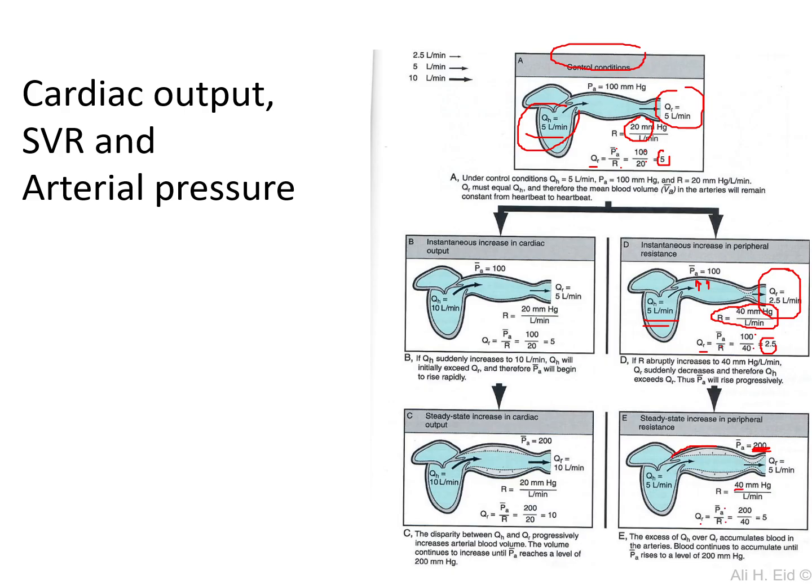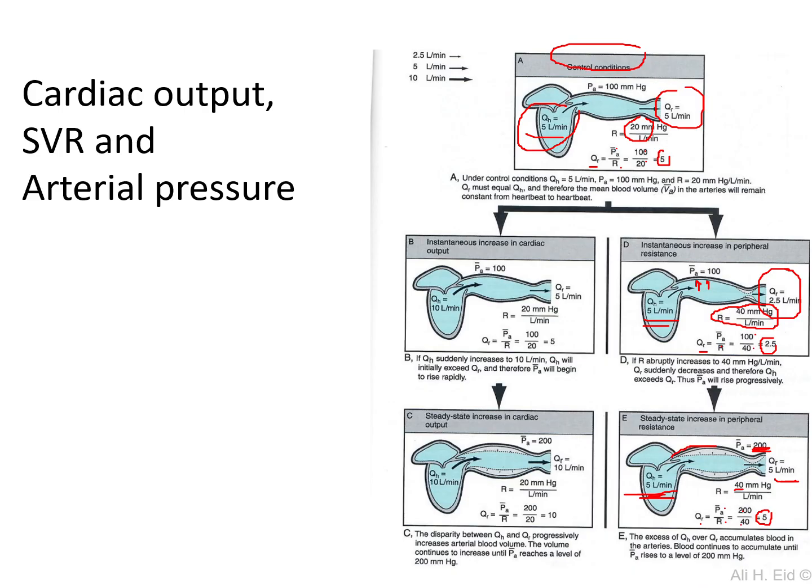Resistance is 40, and 200 divided by 40 is 5. Once QR is 5, it's equal to the cardiac output, so there is nothing left to build up in the wall, and everyone is happy. We're pumping 5 liters per minute, the runoff is 5 liters per minute, and everything is fine.